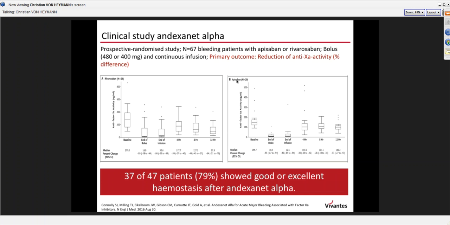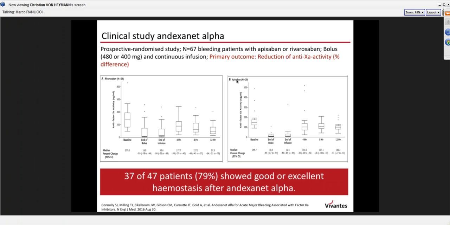So if you do not know which drug the patient has taken, it is hardly possible to derive from the standard coagulation lab that there is no active drug level in the patient.